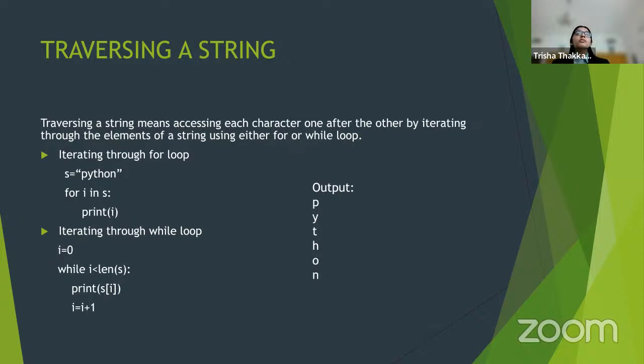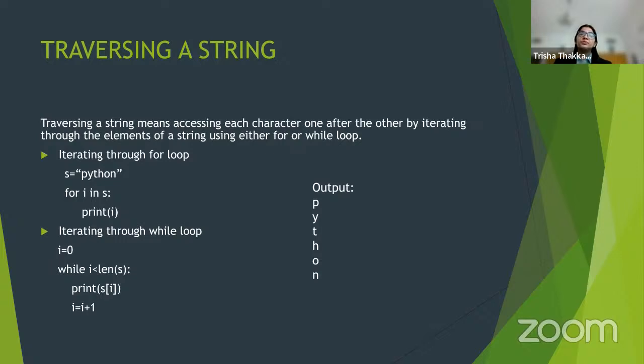How this works is i takes the value of the first character, which is P, and it prints i. This is iterated, and in the second iteration, i takes the value Y, and so on, till the entire string is traversed and printed.